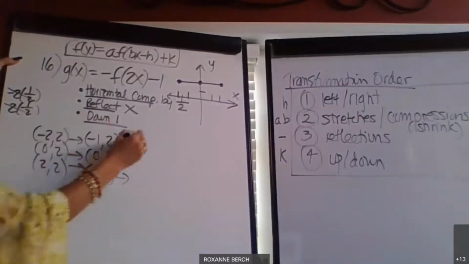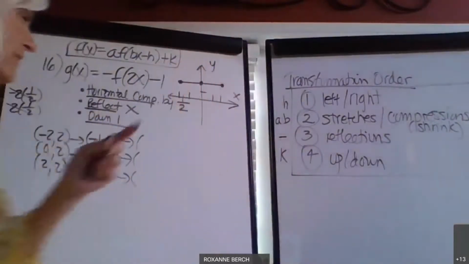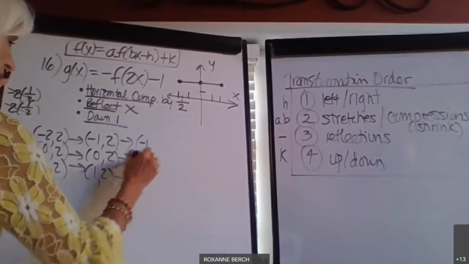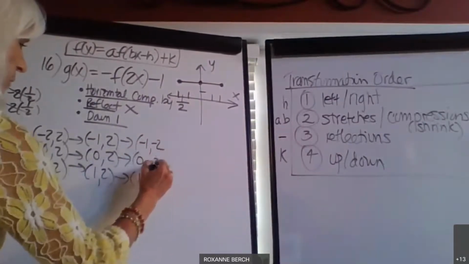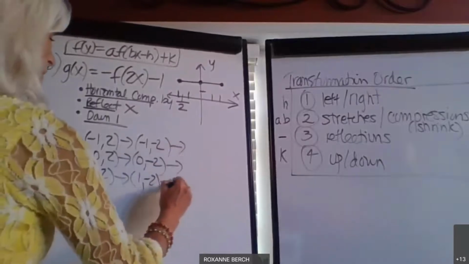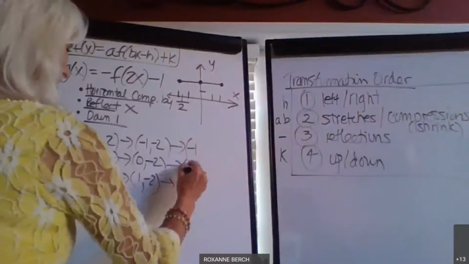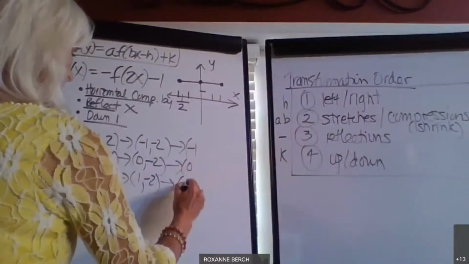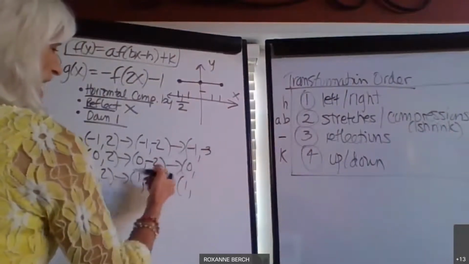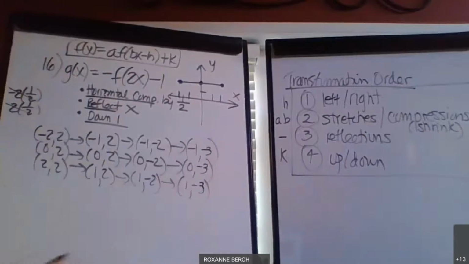Now we reflect over the X, which is negating the Y. So leave the X alone. Negate the Y. Down means -1 would be -3, -1 would be -3, -1 would be -3 for this problem.